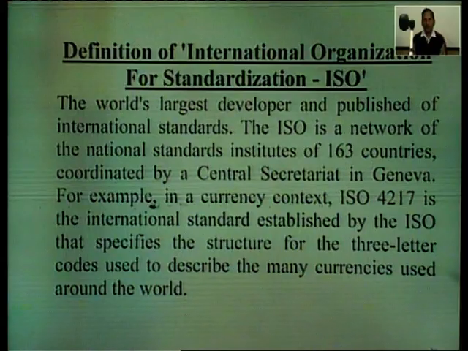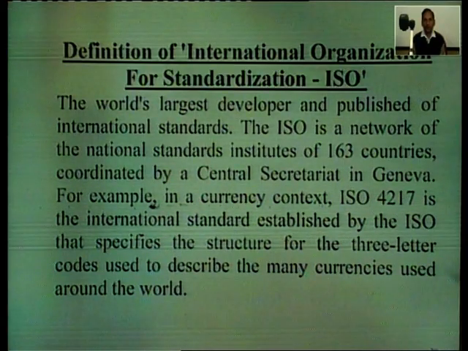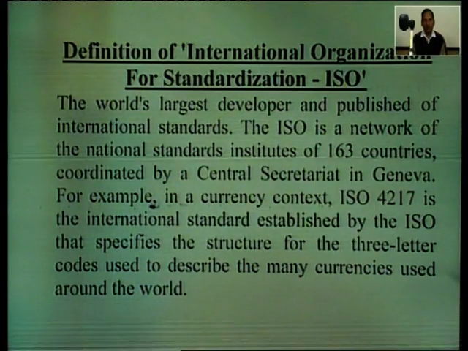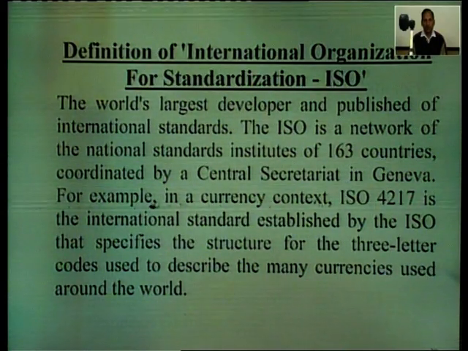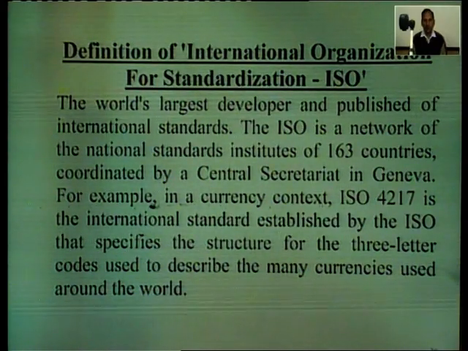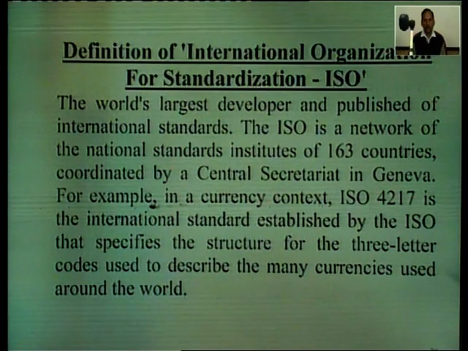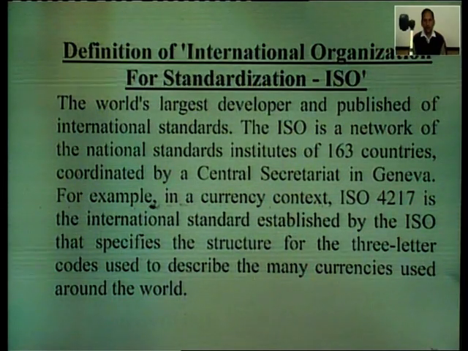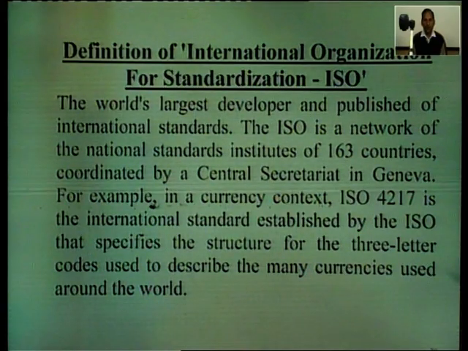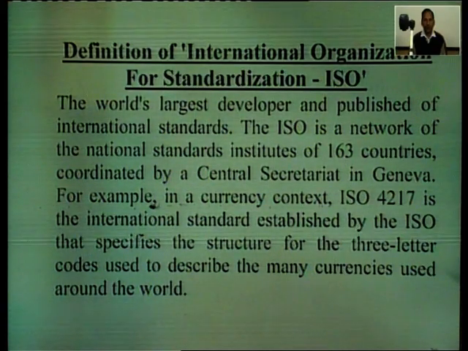So, the definition of the International Organization for Standardization, or in short ISO: the world's largest developer and publisher of international standards. The ISO is a network of the national standards institutes of 163 countries, coordinated by the Central Secretariat in Geneva.